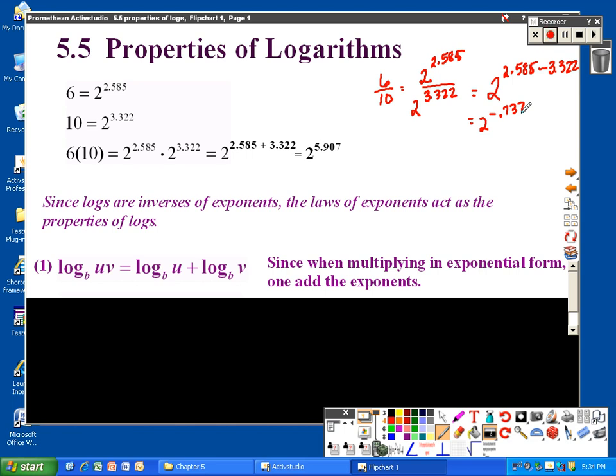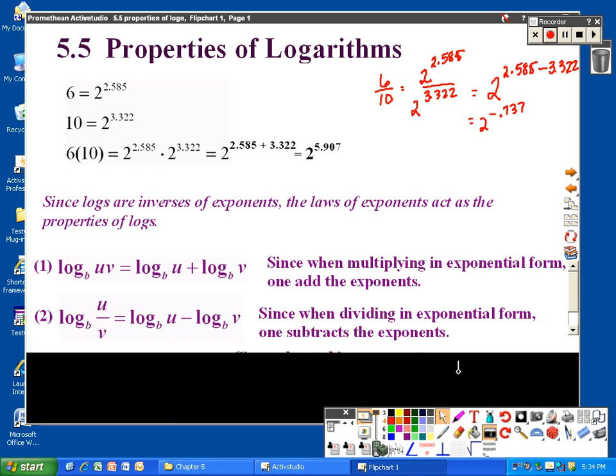So if I'm going to have a log where I divide the values, since with exponents I subtracted the exponents, that's exactly what I will do with the log values. So it becomes log base b of u minus log base b of v.